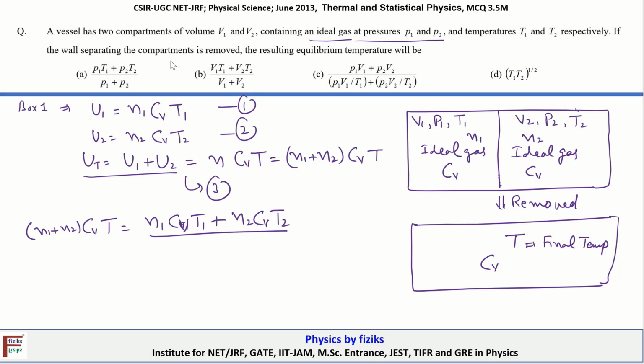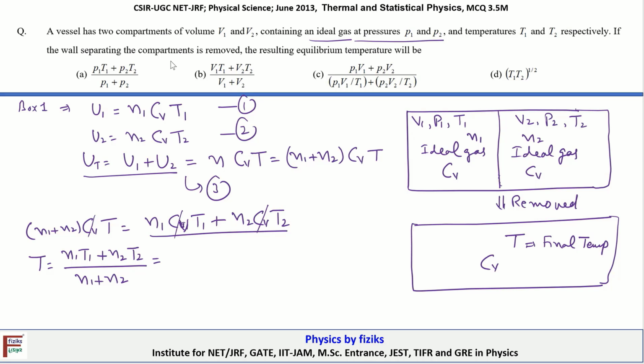And we can cancel the common terms. Cv is the common term on both sides, so T becomes equal to N1 T1 plus N2 T2 upon N1 plus N2.